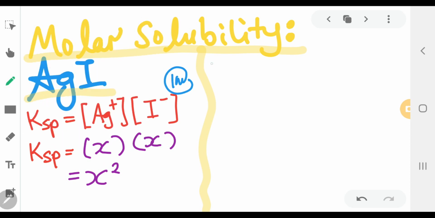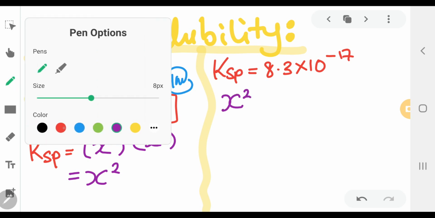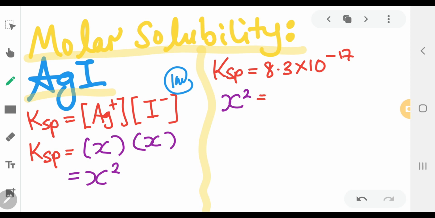As you can see over here, KSP is equal to X squared, so you have X squared compared with 8.3 times 10 to the power of negative 17.